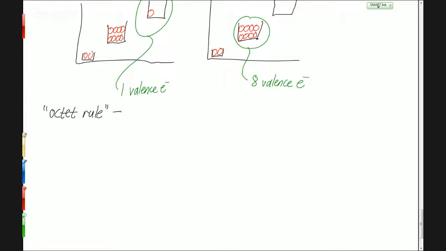Octet comes from 8. It means that atoms want to have 8 electrons in their valence shell. The way I paraphrase it in our example here is full buckets are happy buckets.